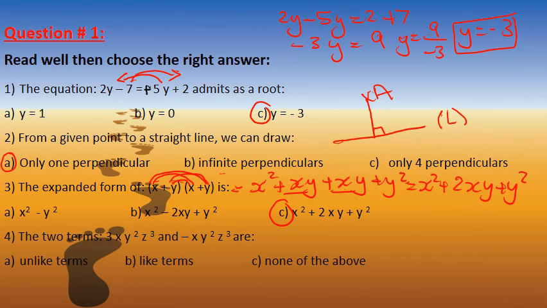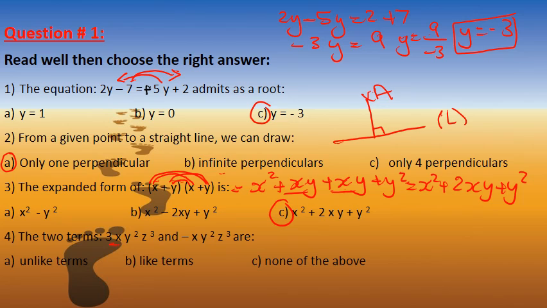So it is choice C. The two terms 3xy squared z cubed and minus xy squared z cubed are unlike terms, like terms, or none of the above. These are like terms. Why?